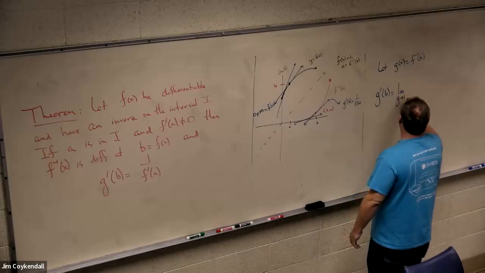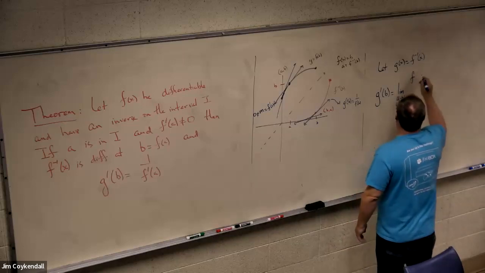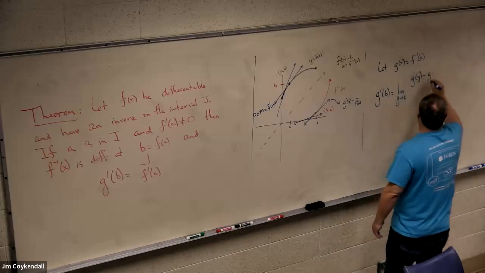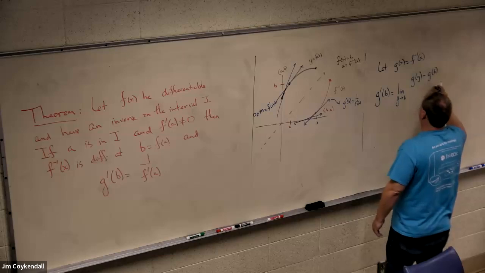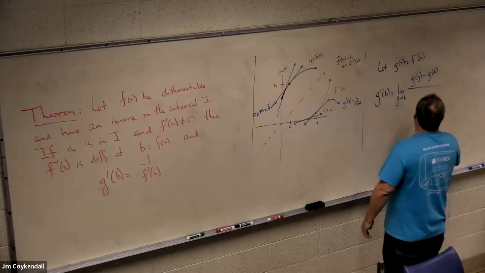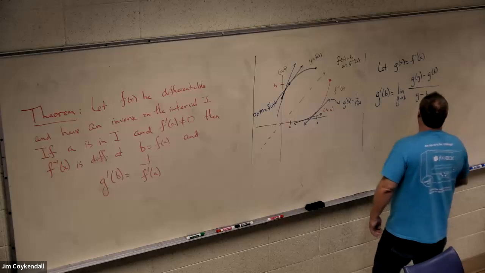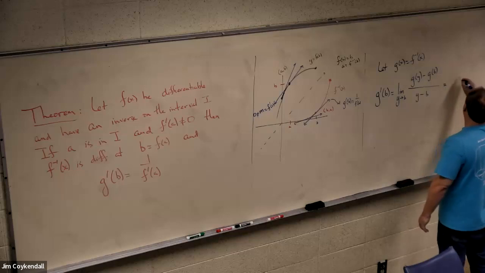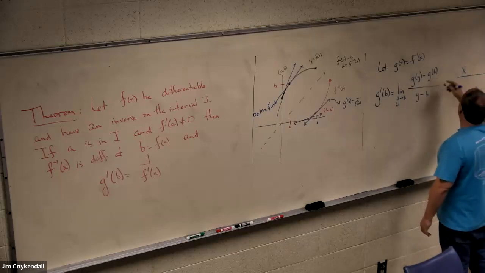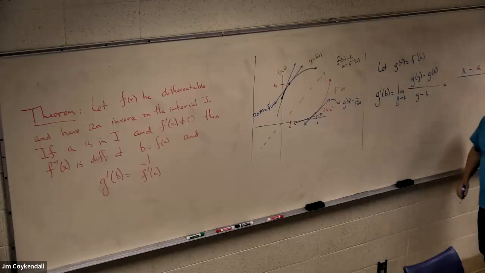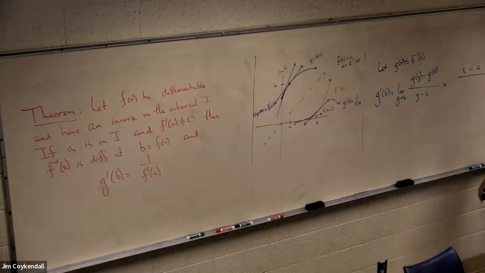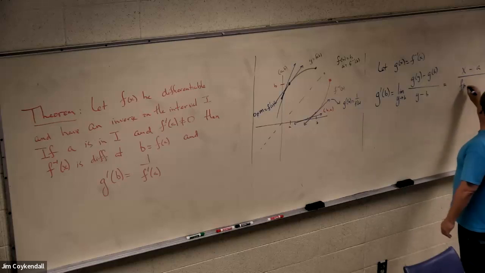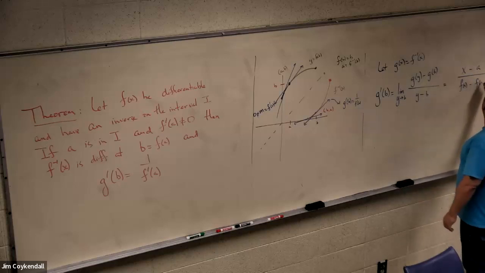The limit as y goes to b of g of y minus g of b, over y minus b. But g of y is equal to x, and g of b is a, because g and f are inverse functions of each other, and y is f of x, and b is f of a.